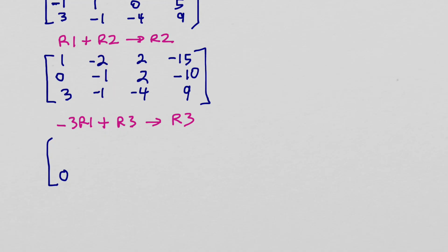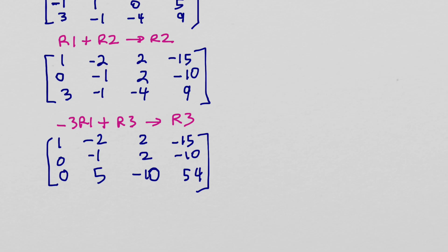Minus 1 is 5. -3 times 2 is -6. Minus 4 is -10. And then -3 times -15, that's 45. Plus 9, that's 54. Now put the other rows back on. And now we have that.